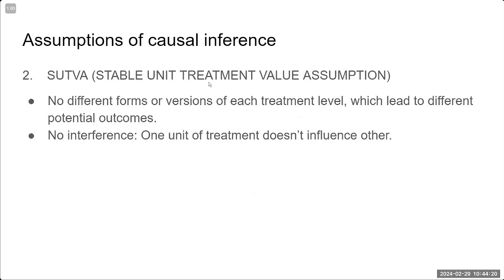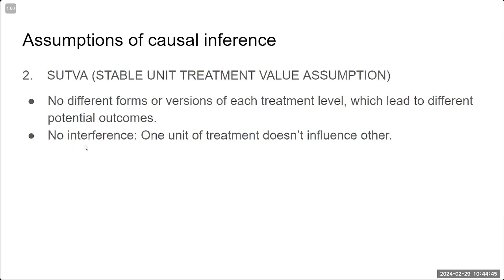Another assumption is the stable unit treatment value assumption. For this assumption, we think that the treatment will not vary. So for two different persons, the treatment level will be equal. So there is no varying power for a vaccine like that.